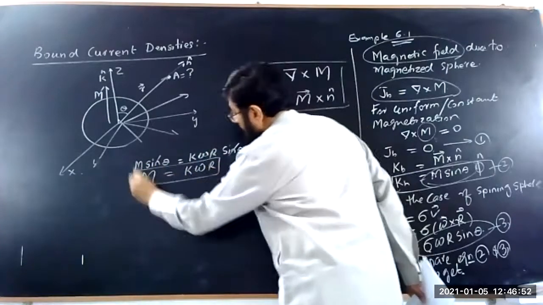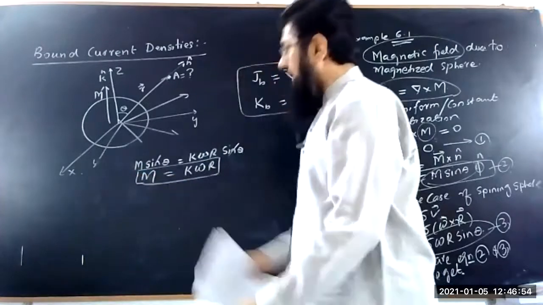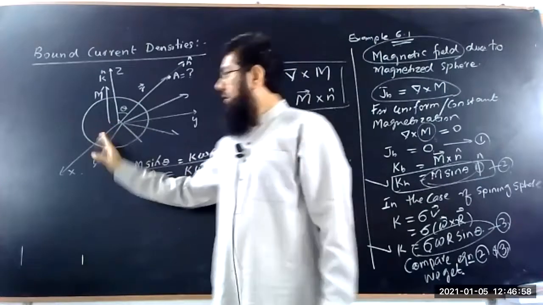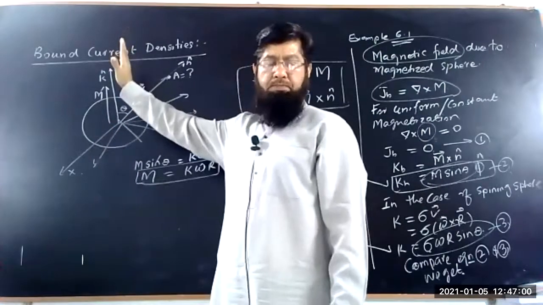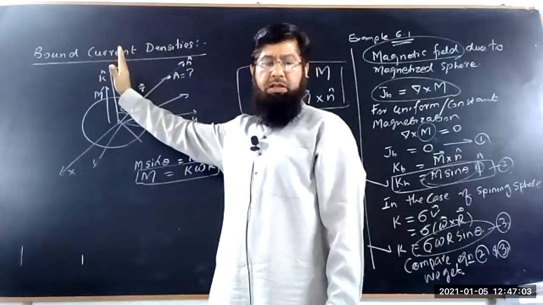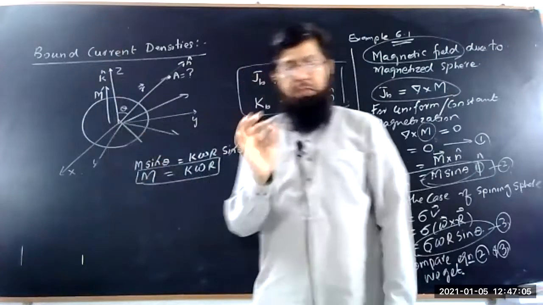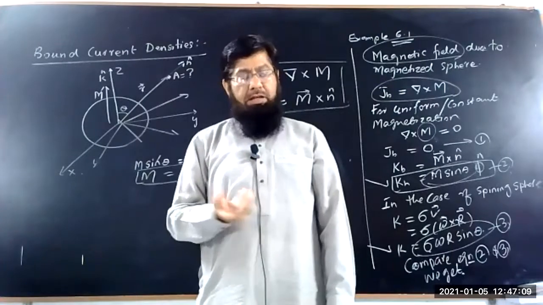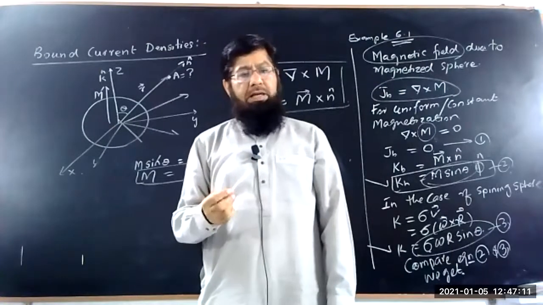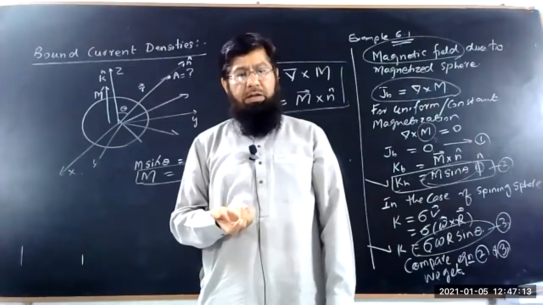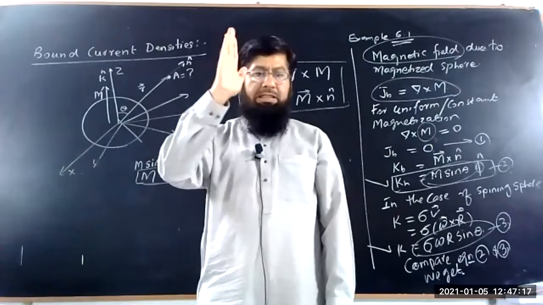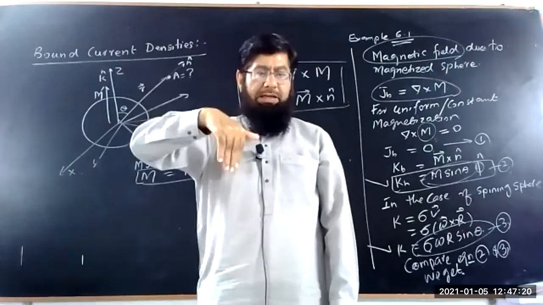So in the case of the spinning sphere, if we say that this sphere is magnetized due to an external magnetic field, one thing you must remember is that magnetized means it is placed in an external magnetic field, and its dipole moment is either aligned in the same direction or opposite to the magnetic field.